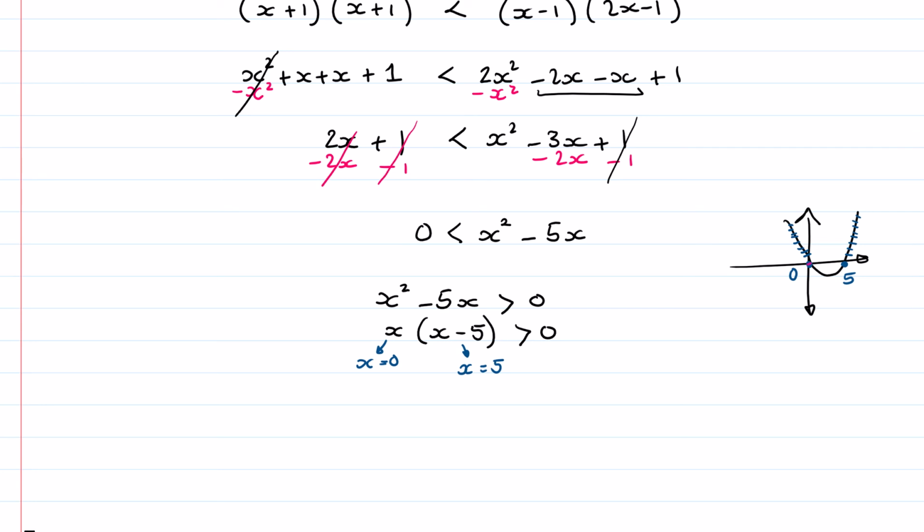So I'm either moving away from 0, getting smaller, or bigger than 5. So my actual answer is x is smaller than 0 or x is bigger than 5.